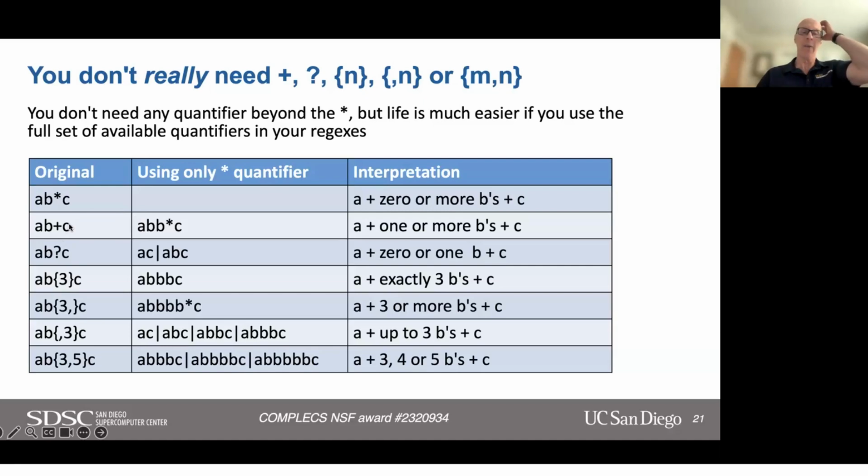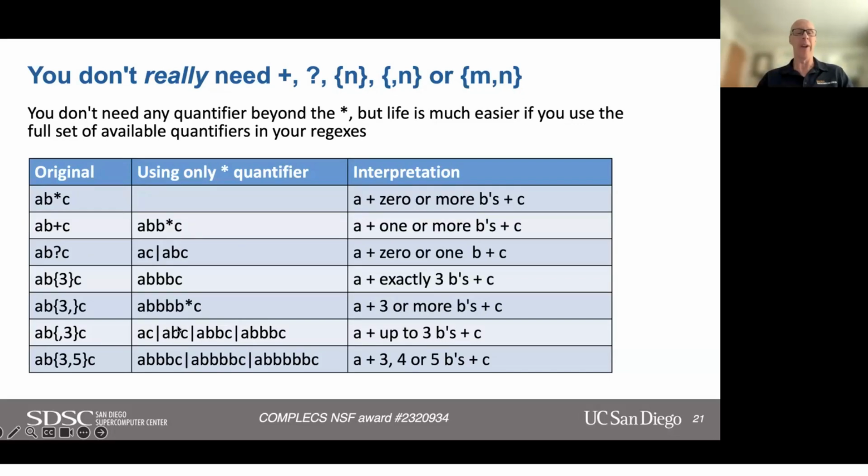So if we wanted to avoid the plus, we could have done A, B, B star C. What this means is that we're going to have at least one B followed by 0 or more B's. If we wanted A optionally followed by a single B followed by C, we could have done AC, vertical bar, ABC, and then so on.